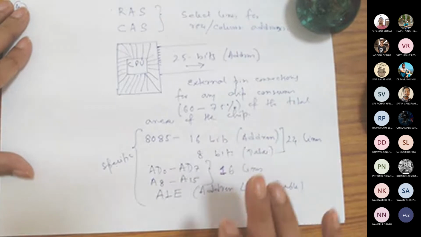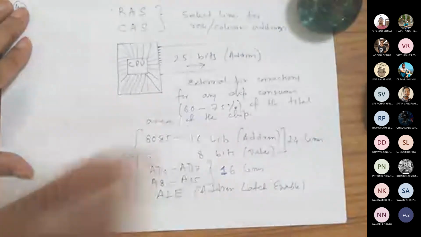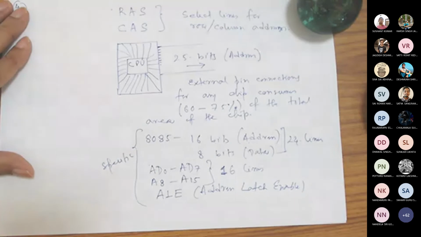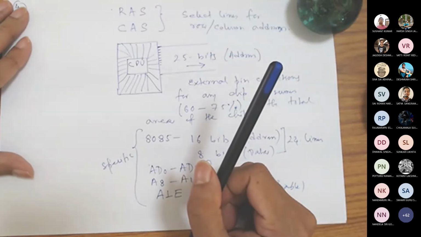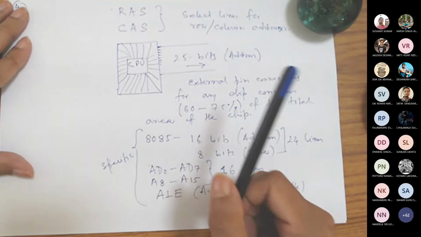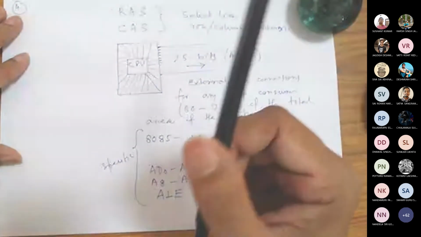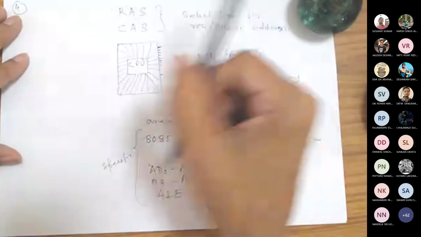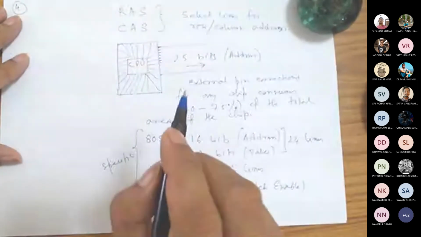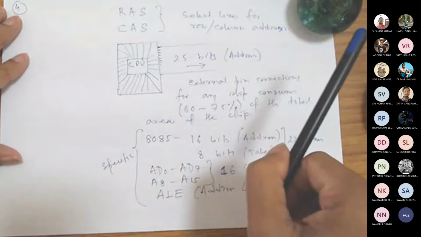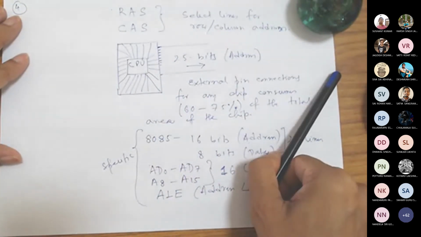Why was it done? It was done to save space. And they also thought that while you do the reading operation, because memory is a slow device, why do you need the data bus to be activated immediately? For a read operation, initially you require the address.